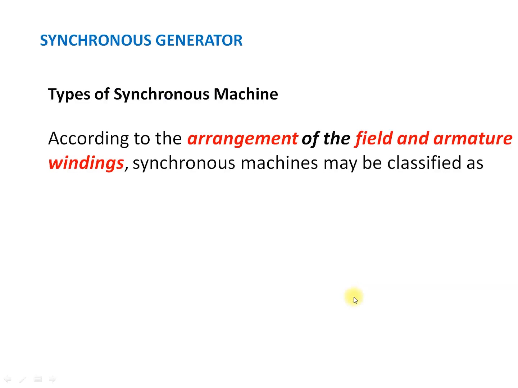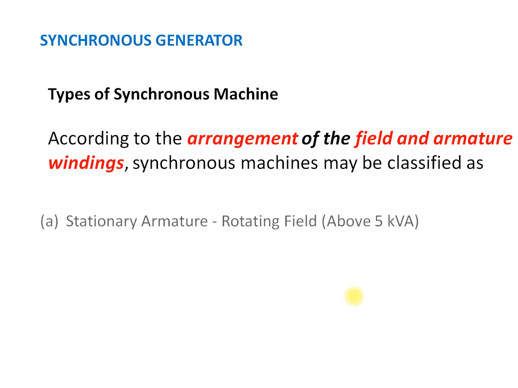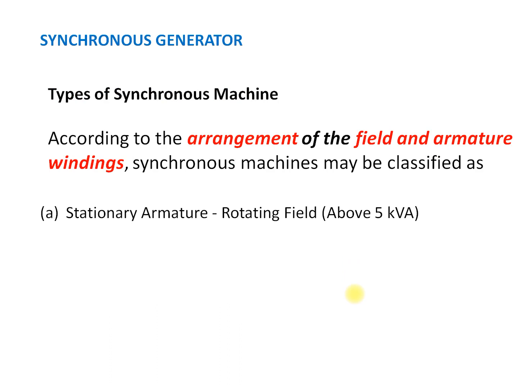The synchronous generators have types according to the arrangement of the field and the armature windings. First, a stationary armature and a rotating field.